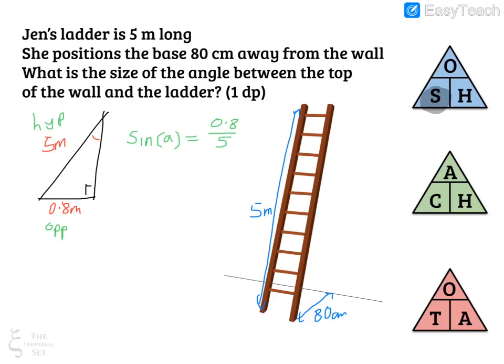I want to get the angle out of this sine, don't I? So that means the angle itself is going to be the inverse sine of 0.8 over 5. Okay, I'm going to stick that bit in my calculator then. I'm going to type inverse sine of 0.8 over 5.